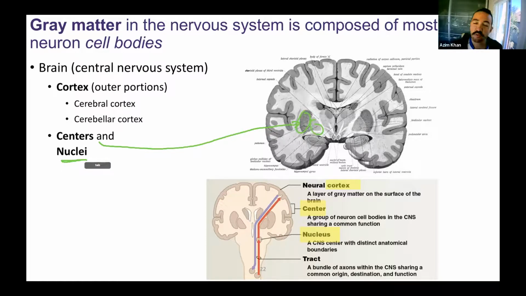I know we've seen this word nucleus before, like for an atom or for a cell. Nucleus just means center of something. So when we say nuclei in terms of brain matter, we're talking about regions of gray matter where we find neuron cell bodies that are deeper in the brain. So we'll be going over something called the basal nuclei. Those are areas of gray matter deeper in the brain.